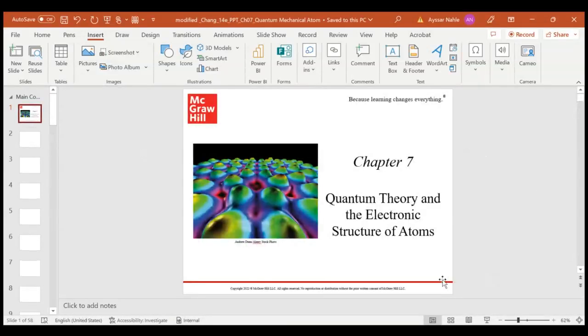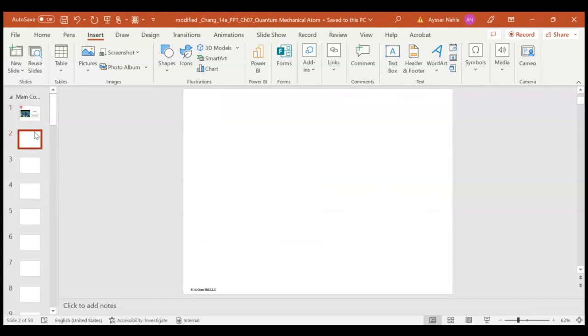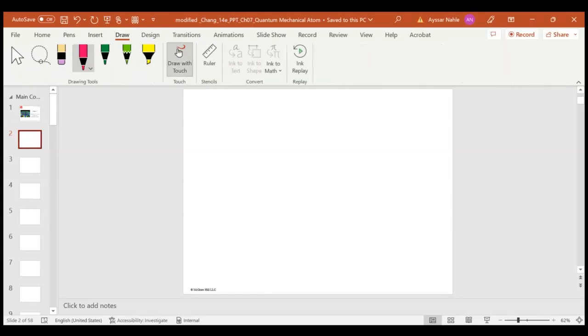Okay, the chapter is about quantum theory and the electronic structure of the atom. Now, as I told you before, whenever we have an atom, it contains protons, which are positively charged, and neutrons, which are zero charged, yes?